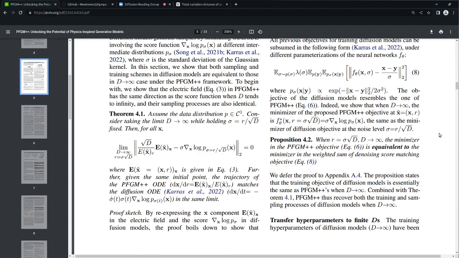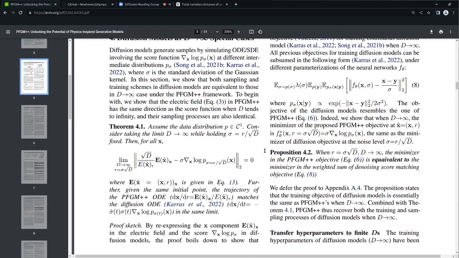How do theorem 4.1 and proposition 4.2 differ in any way? So 4.1 says the fields you learn are equivalent. 4.2 says that the training processes are equivalent. I've been triggered by this typo from the beginning, but I'll keep trying to ignore it. That's a good point.